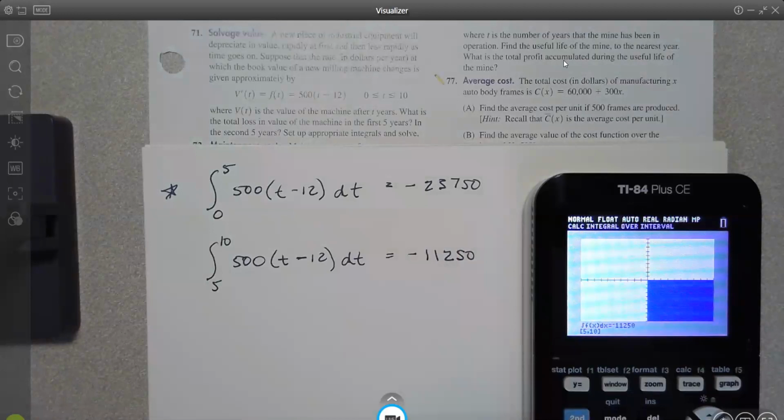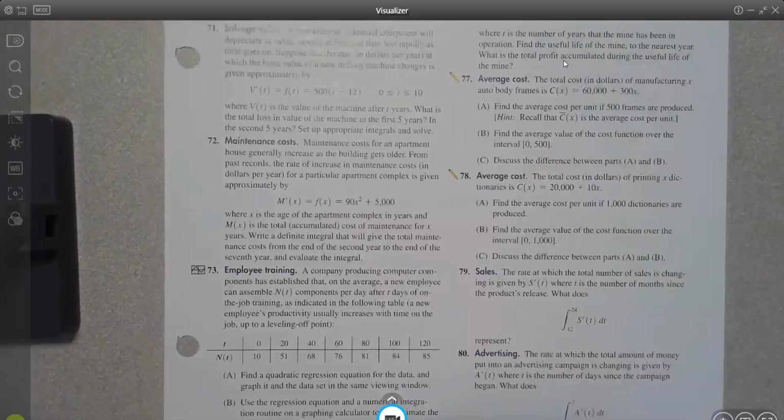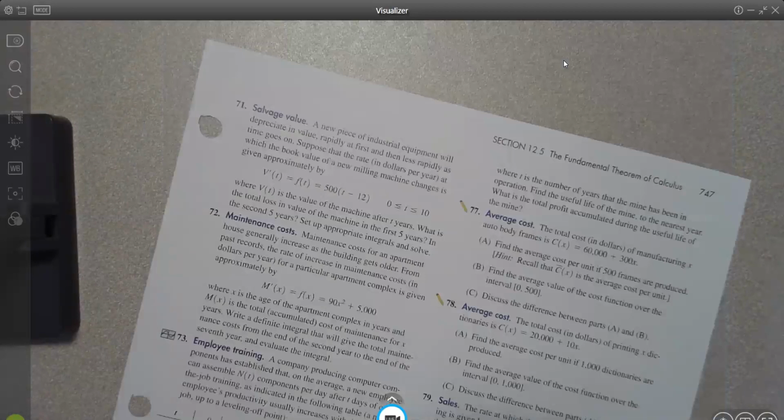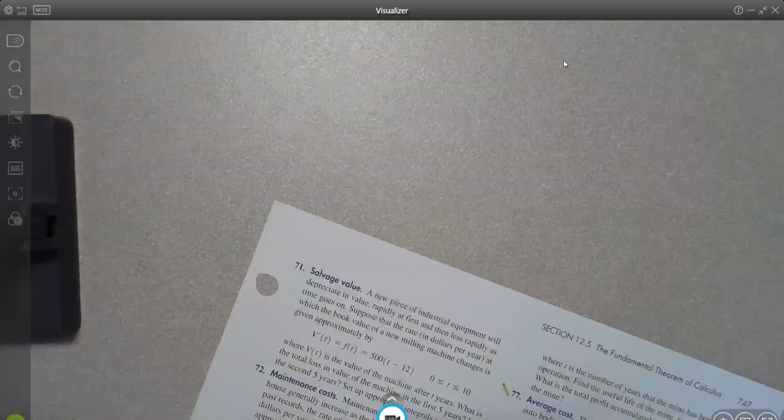So are there any other problems you might like to see? Has anybody had a chance to look at 13.1?